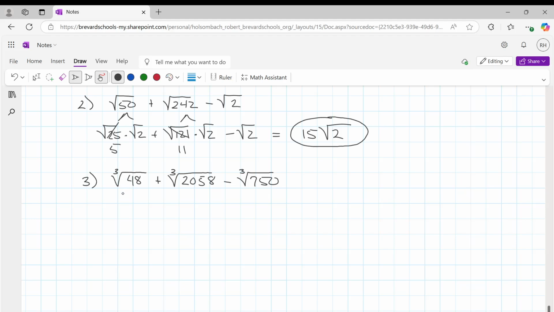So we're going to break down the third root of 48, and it simplifies to the third root of 8 times the third root of 6.